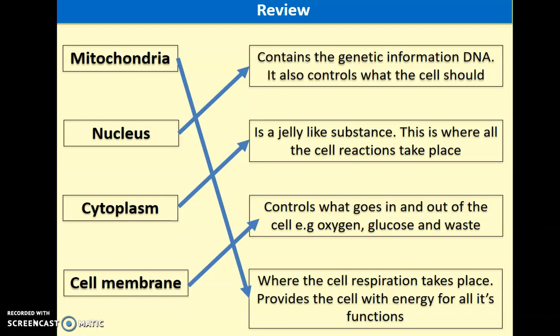Remember that when you're talking about the nucleus, you never say it's the brain of the cell, because that would refer to it being an organ, and it's not. It only controls what the cell should do. It's not a brain. Cytoplasm is a jelly-like substance, and this is where all the cell reactions take place. You've got the cell membrane, and that controls what goes in and out of the cell, for example, oxygen, glucose, and waste.